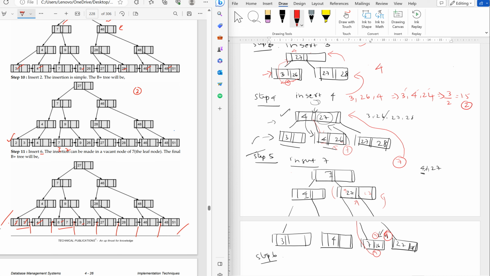And two advantages are there. You can retrieve all the elements, and all the elements are in ascending order. To facilitate this feature, we are using these pointers here. If you reach the leaf node of a B plus tree, all the elements that you have inserted will be there.